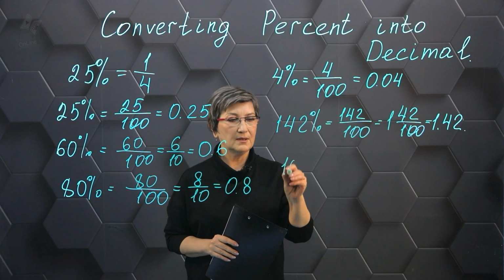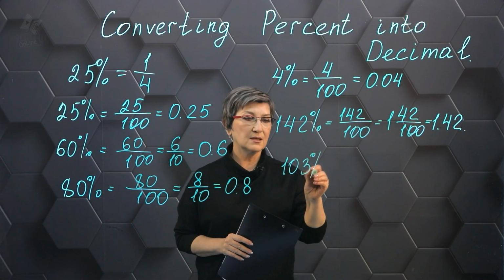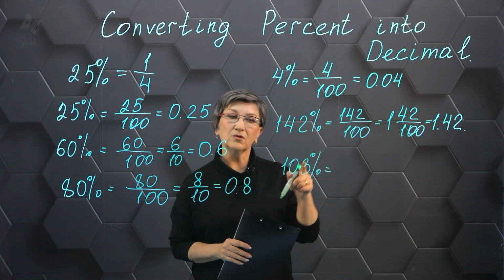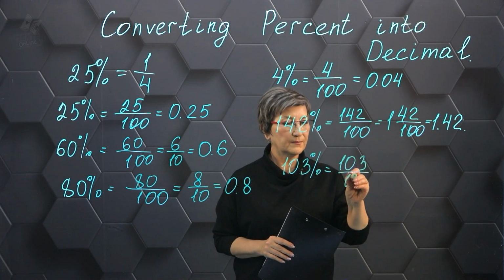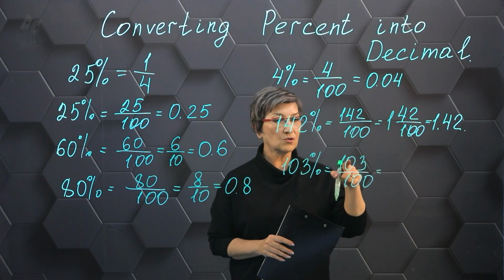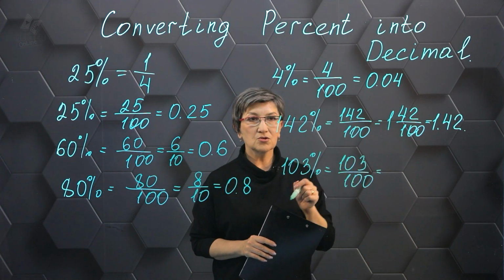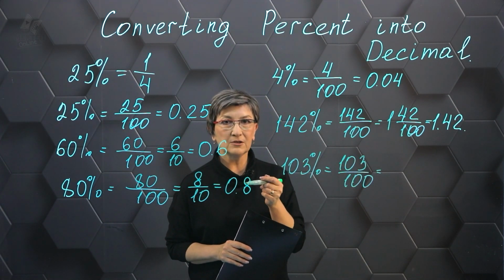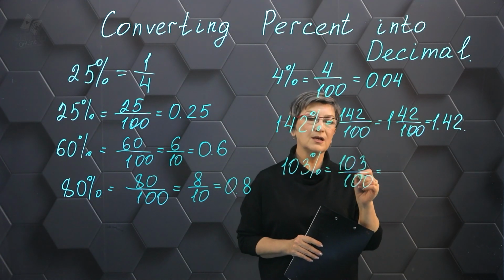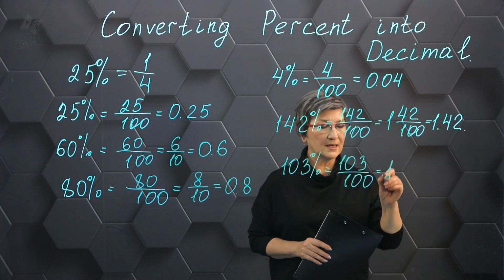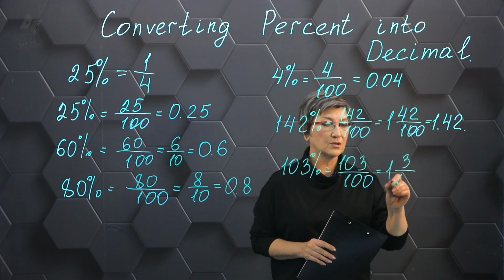And there's one more example, 103%. According to our rule, we have to divide by 100. 103 we divide by 100. And I get the fraction 103 hundredths. 103 hundredths is an improper fraction, so we can write it down as a mixed number. 103 hundredths is one whole and 3 hundredths.